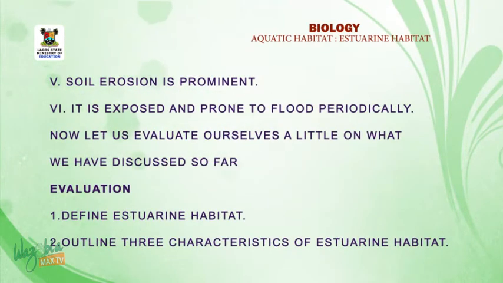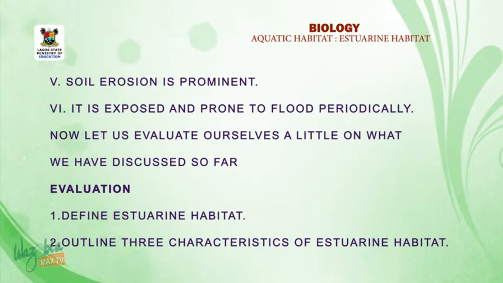Soil erosion is prominent in estuarine habitat. Lastly, number 6, it is exposed and prone to flood periodically, once in a while.